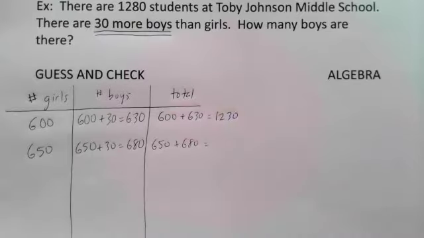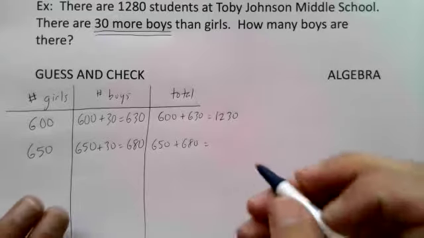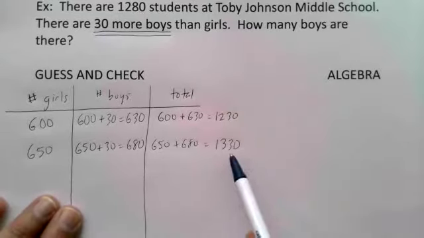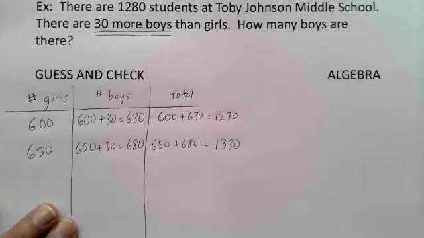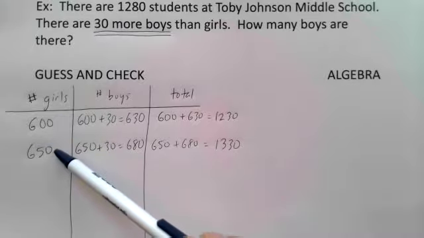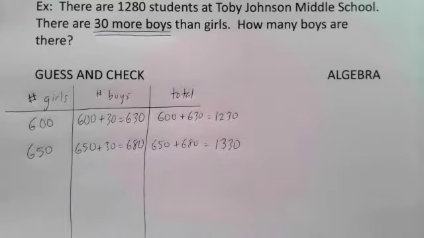I think we're too big now, right? Go ahead and add 650 and 680. I think you get 1,330. So now we're too big, right? But here's what's good. We know this guess was too small. We know this guess was too big. So that means your next guess should be somewhere in between.